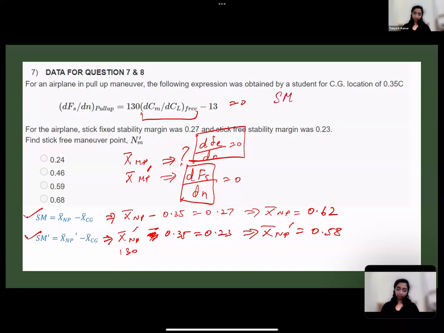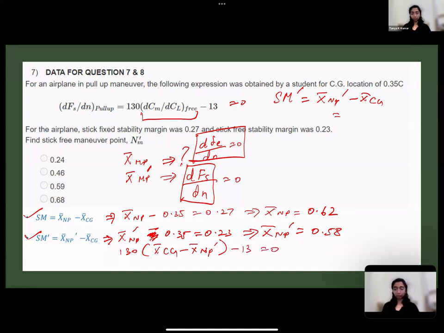The static margin in the free case is X bar NP free minus X bar CG, and this is equal to minus dCm by dCL. So you have X bar CG minus X bar NP prime minus 13 equal to 0.